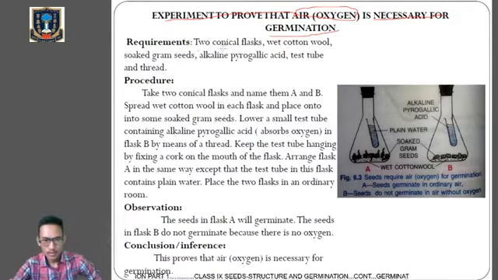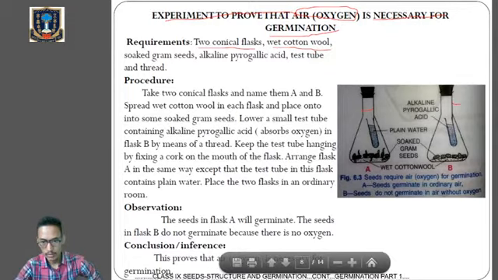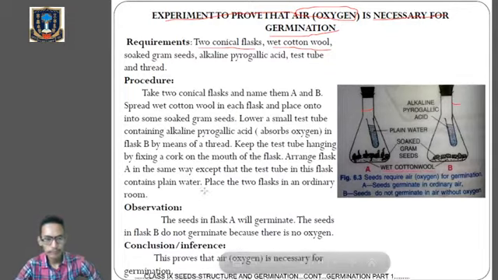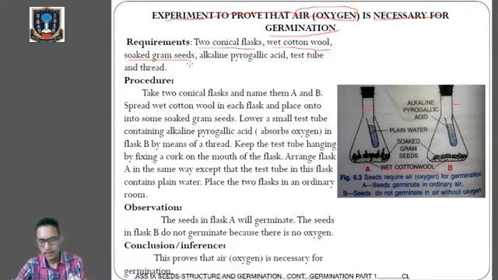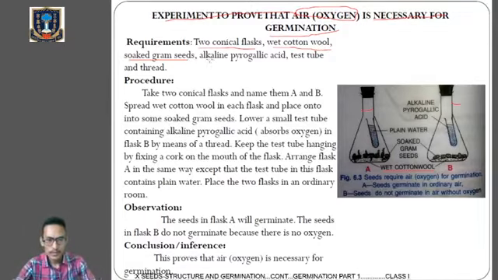Requirements: two conical flasks. You can see the first conical flask and the second conical flask, then cotton wool, which must be wet. You can see there is wet cotton wool here also. Then soaked gram seeds, that means gram seeds which have been put in water overnight. That is very important.